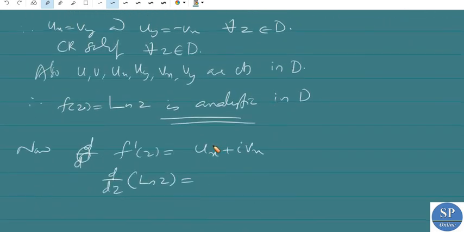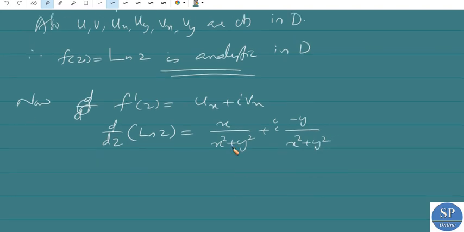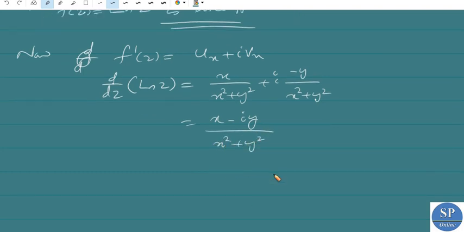So ux plus i into vx is x by x square plus y square plus i into minus y by x square plus y square. Adding these we get x minus iy divided by x square plus y square. Now x square plus y square is nothing but mod z whole square, and mod z whole square is equal to z into z bar.